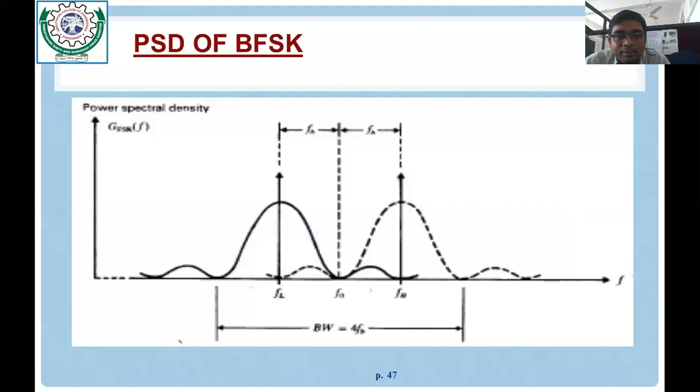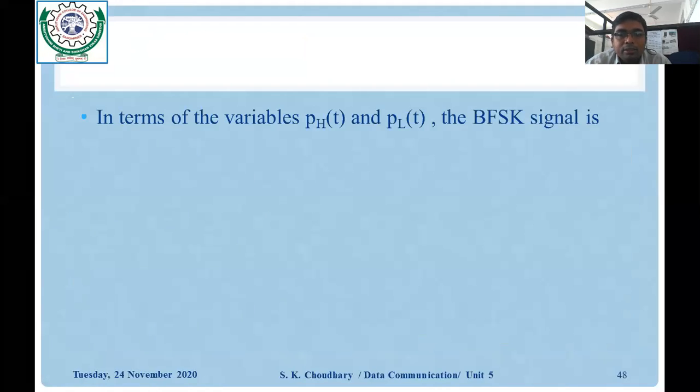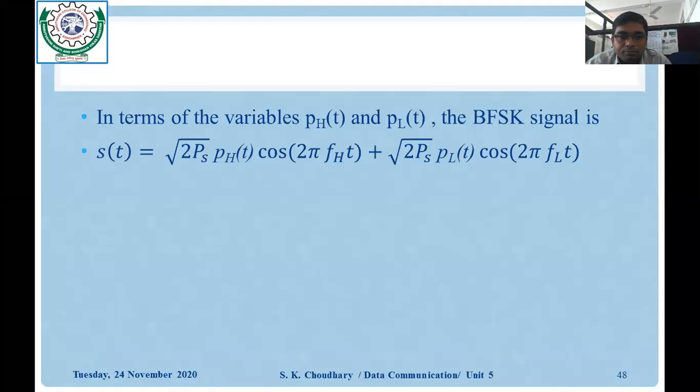As we have seen in the BPSK, there are two discrete lobes for binary 1 and binary 0, but here there is no phase shift. You can see this is the reference axis. The bandwidth is 4 times FB, the fundamental frequency. We have to understand these terms with the help of mathematical equations.